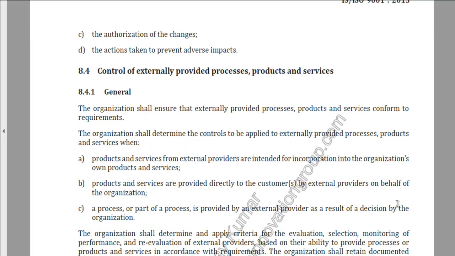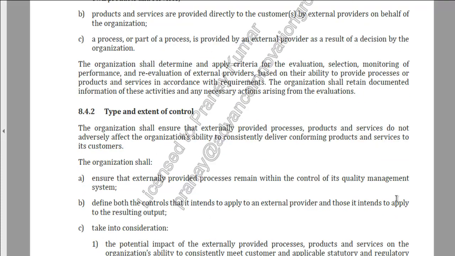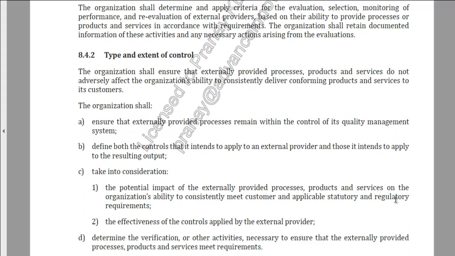So 8.4 is essentially targeted at vendor management. 8.4.1 lays down the basic premises of criteria for evaluation, selection, monitoring of performance, and re-evaluation of external providers. 8.4.2 is mentioning the type and extent of controls that we need to exhibit.